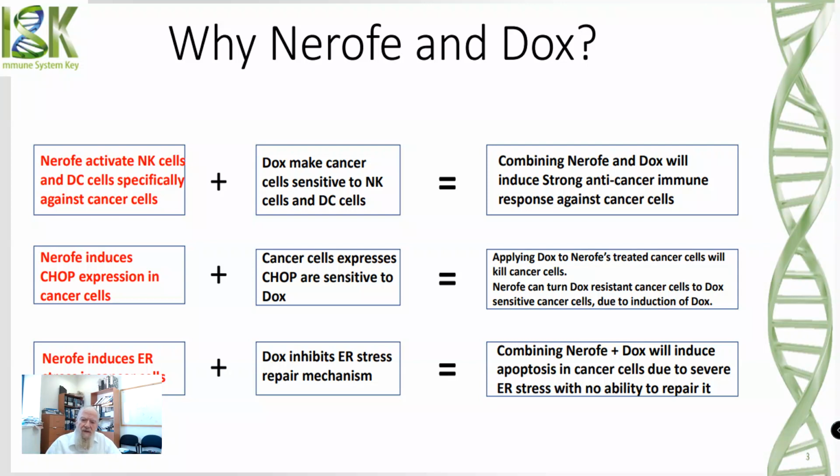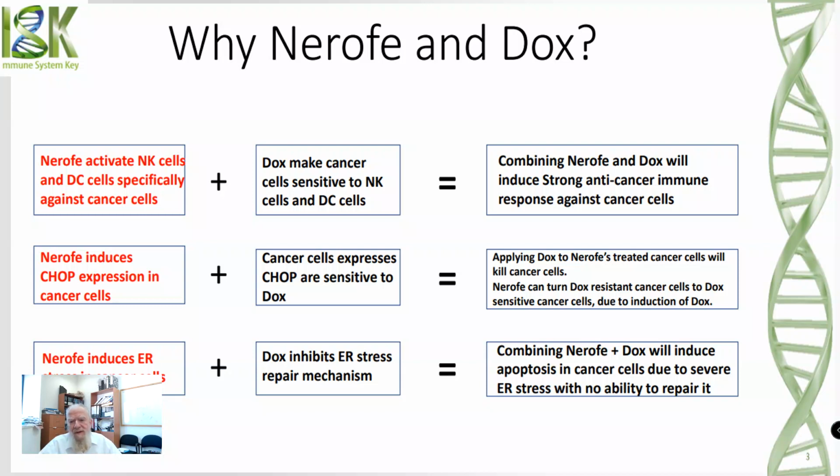Before we started our clinical trials and clinical work, we thought about what might be the best combination of Nerofe that will increase the drug's capabilities to kill cancer cells.